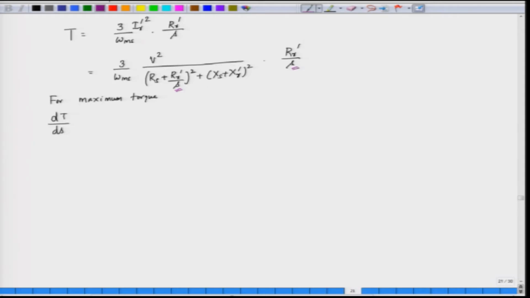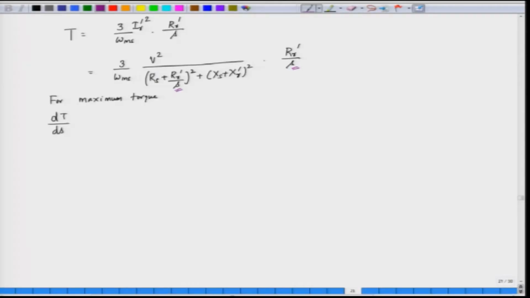The voltage is fixed, the synchronous speed is fixed, we are having a fixed voltage and fixed frequency supply. The stator resistance is fixed, the rotor resistance is fixed, the stator and the rotor reactances are fixed. So, the only variable in the right hand side is the slip.